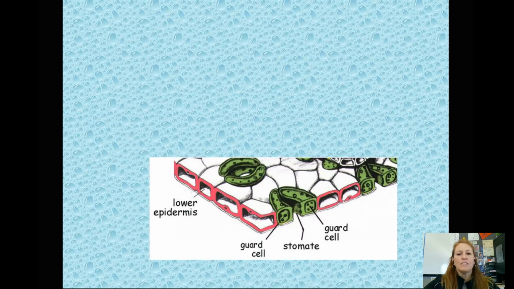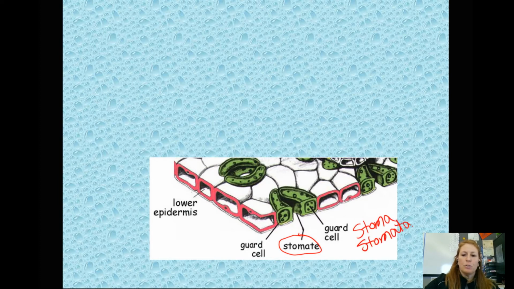So plants have devised something very useful that allows them to regulate the gases going in and out. These kind of go together, but you need to be careful, they're not the same thing. We have a term here called stomate, or you might see it as stoma or stomata.